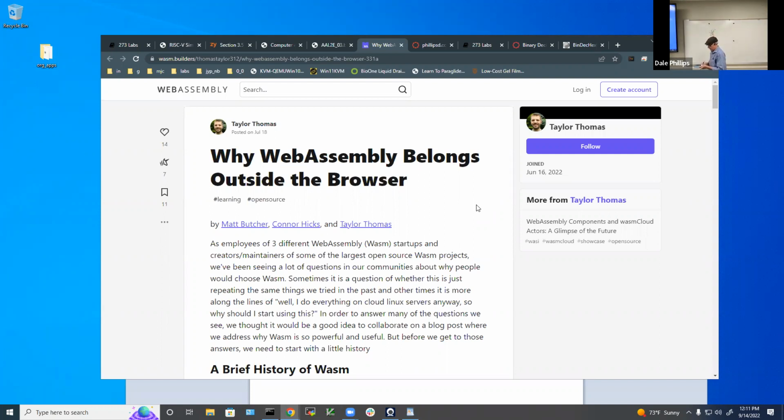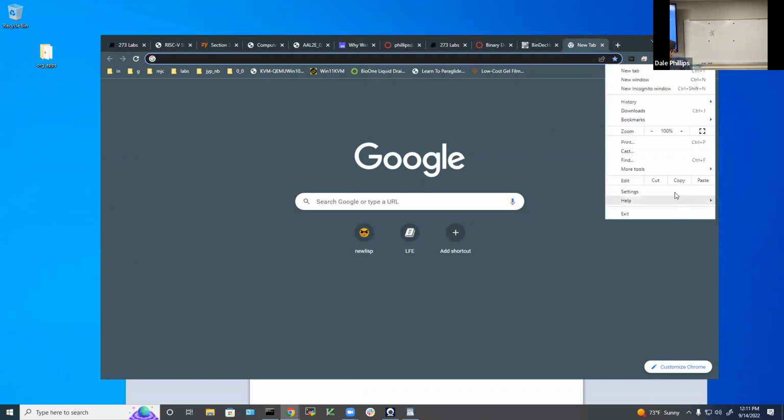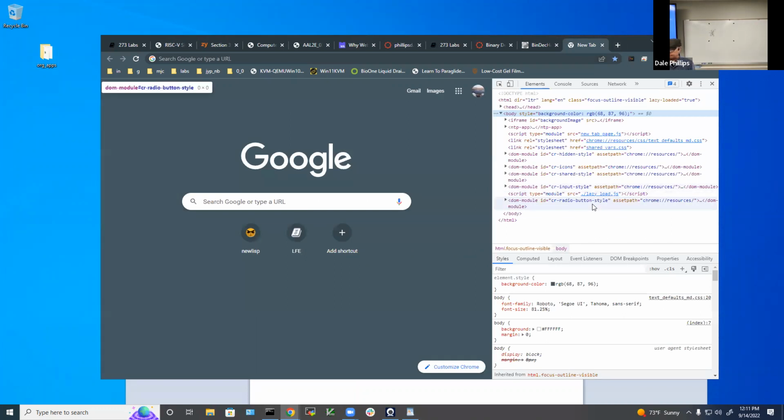Okay, now let's abstract this out a little bit. Your browser. Go ahead and bring up your browser in front of you. Bring up Google. And I think it's under more tools and go to developer tools or Control-Shift-I.